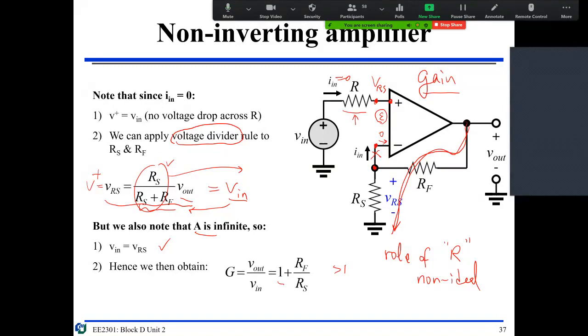It only happens in here. But I have to tell you, it's not that this R is useless. No, that's not true. It has its role. But to understand the role, you need to put all the non-ideal factors in and analyze it. In a non-ideal case, there is indeed an optimal R, the best R to put there. That's a much deeper question.